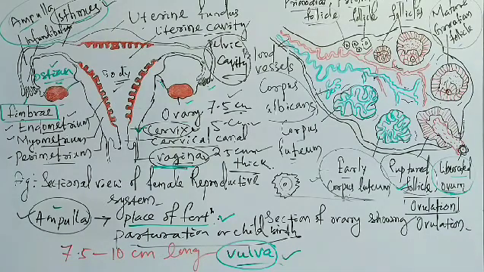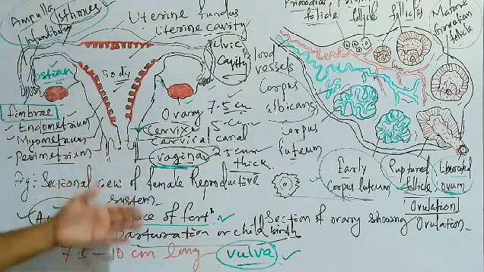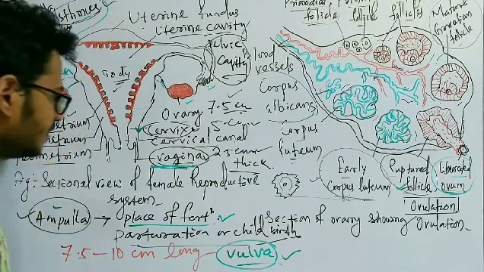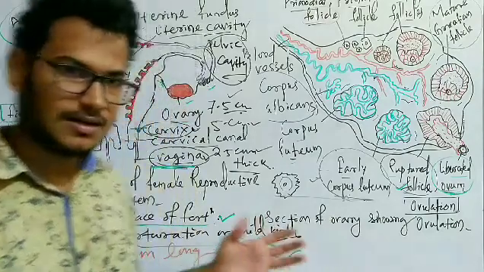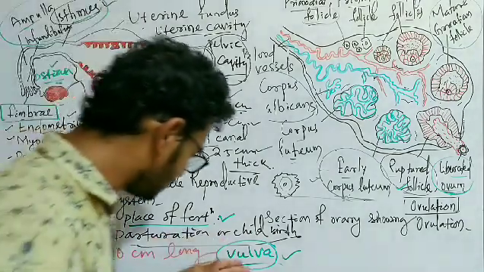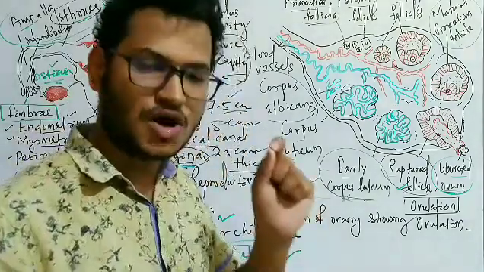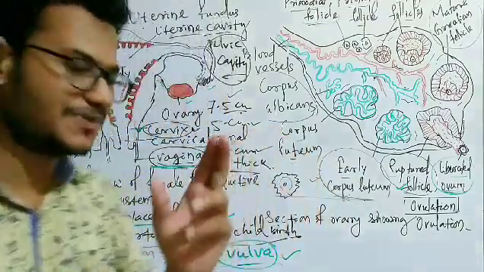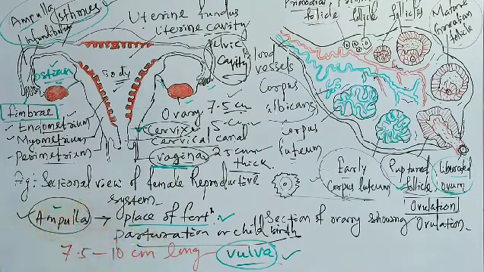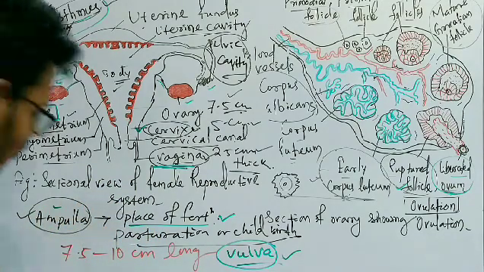Okay, so the vulva, finally, the external genital structure of the female, includes the mons pubis, labia majora, labia minora, and the structure which we call the vestibule. In this vulva region, there are two small bean-shaped glands present. This gland is in pair, that is the Bartholin gland.